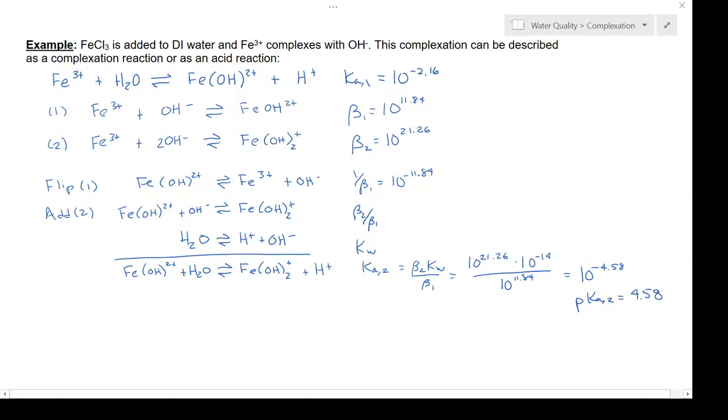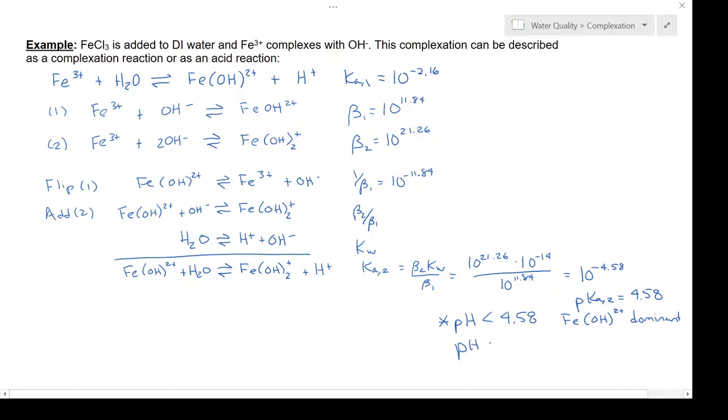What this means is that for pH values less than 4.58, the acid form, FeOH 2+, is dominant.